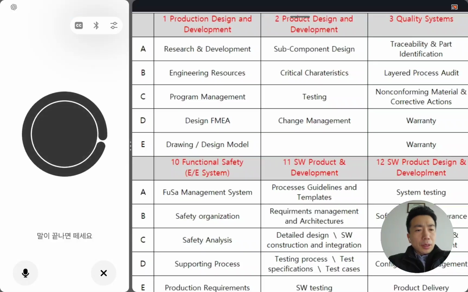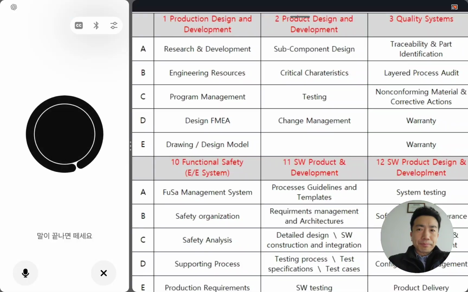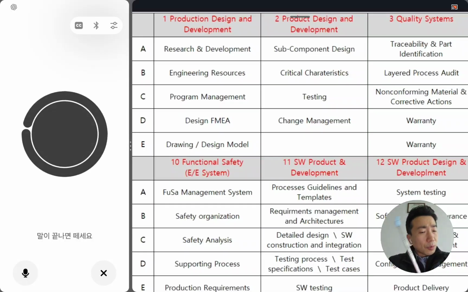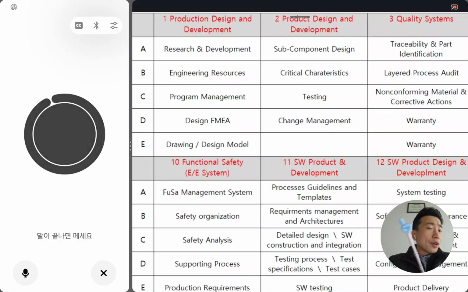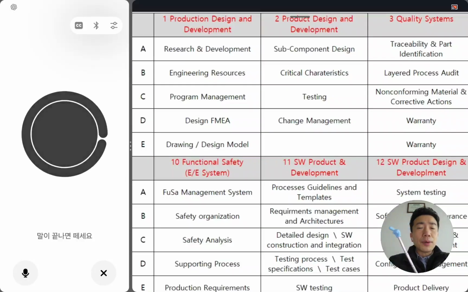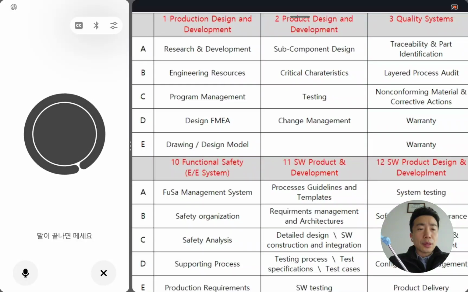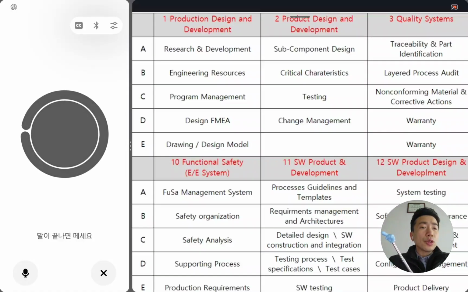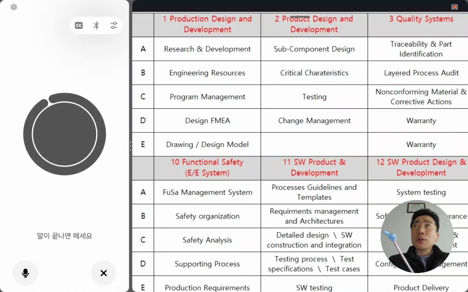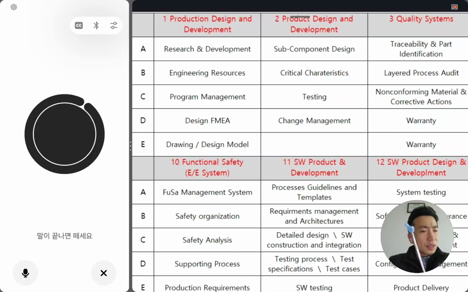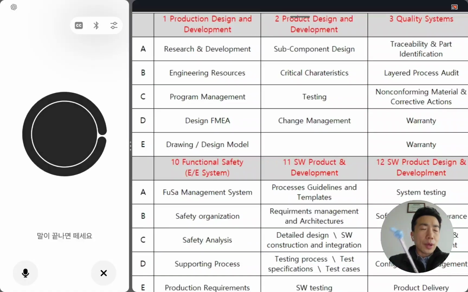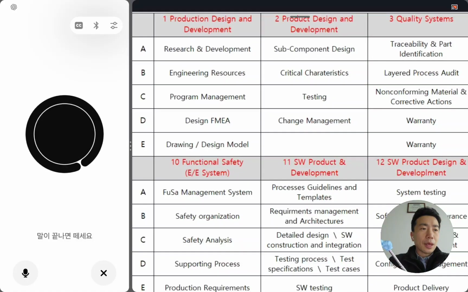GPT, listen to me very carefully. That's a fair question at this stage. I believe that completely depends on what the product is, and usually our R&D department has the responsibility for it.